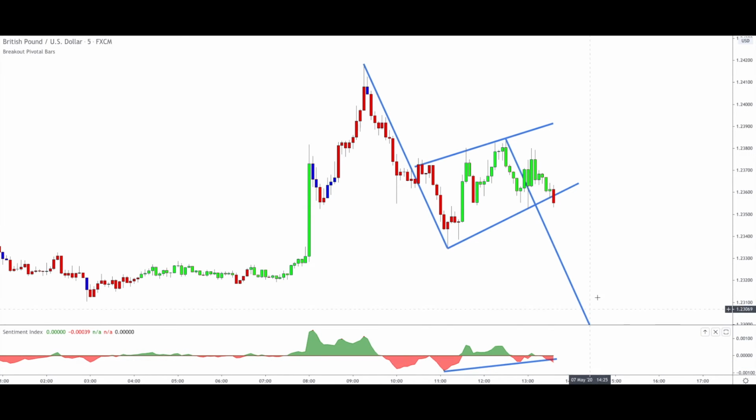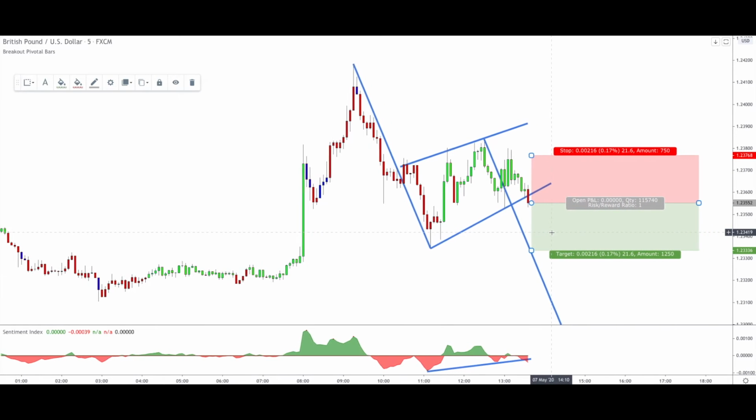So it means that the bearish sentiment index is improving. So there is more bearish sentiment coming into the market on this pair. So the breakdown is absolutely valid, and I'm placing my order. I'm selling, I'm entering this trade right here.